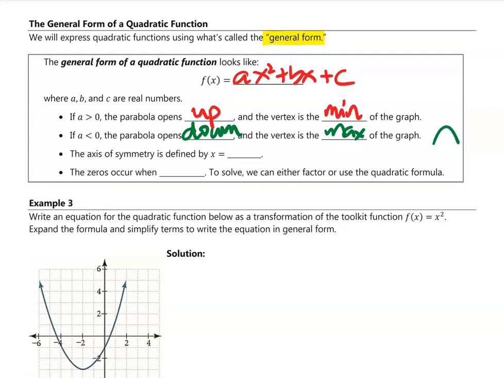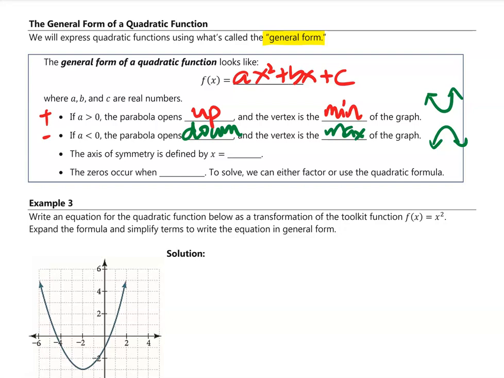So this is a parabola that opens downward, and this one opens up. That is when a is greater than 0 or less than 0. If it's greater than 0, we know that it's positive. Less than 0, that is a negative a.